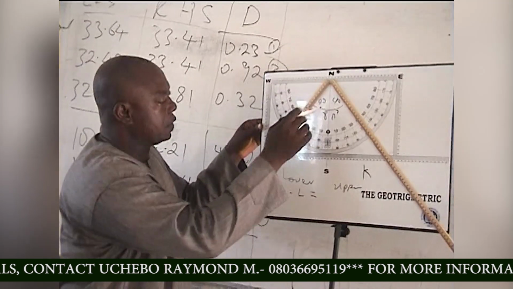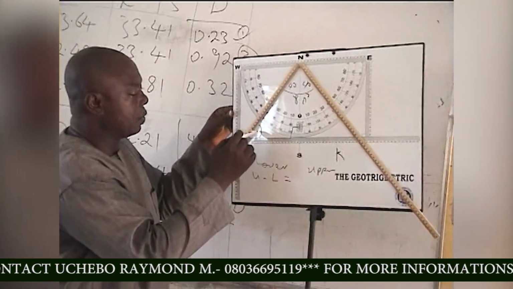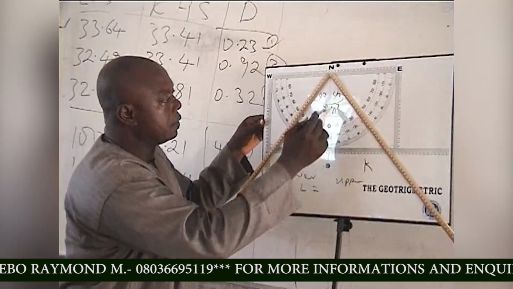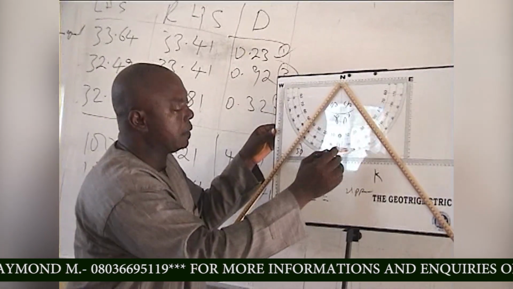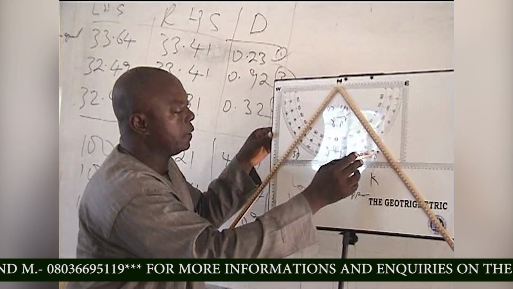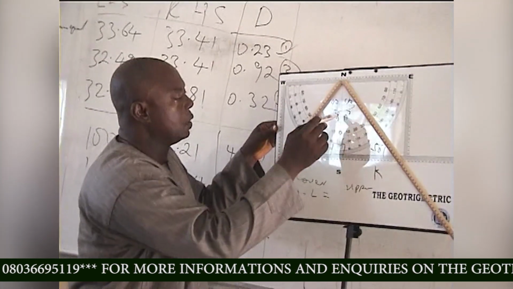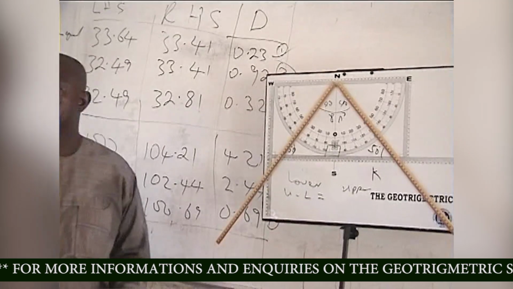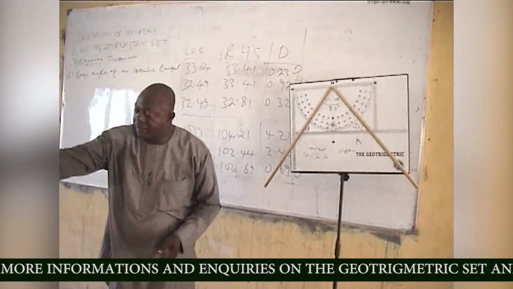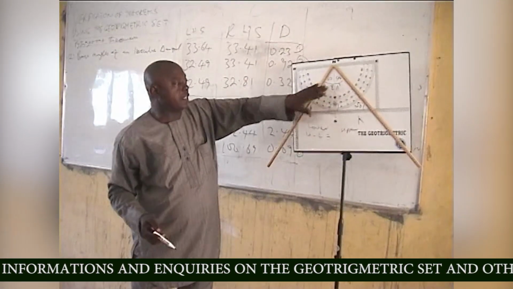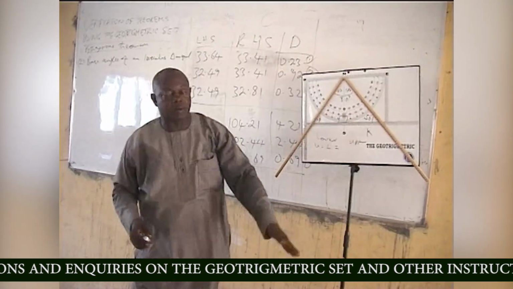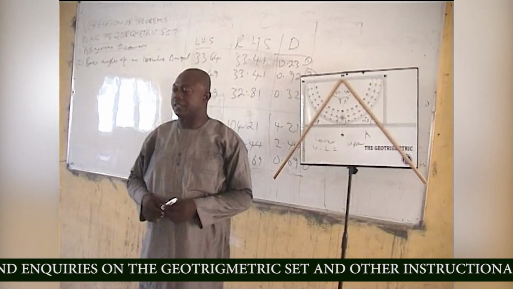If this is 40, this is 90, here is 50. So 80, 50, 50 is 180. And you are seeing it practically now that this side is equal to this side, and then this is the line of symmetry, one line of symmetry of an isosceles triangle.